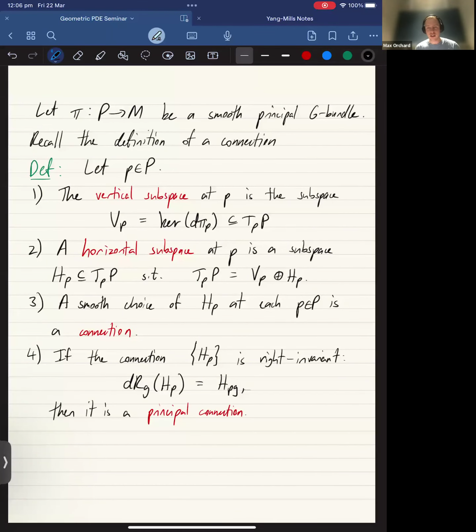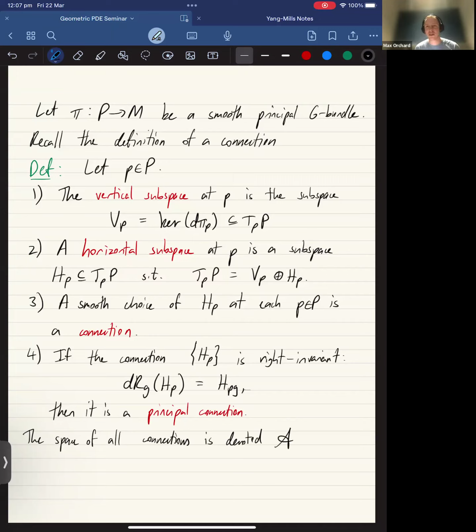Now, I'm going to just introduce a bit of notation here. The space of all connections, or principal connections, is denoted with this fancy A here.